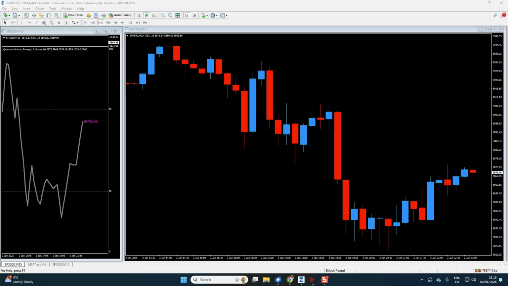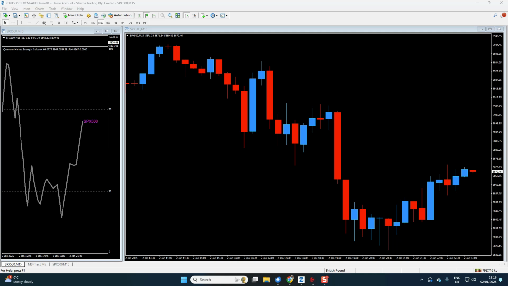I'm delighted to announce that the Market Strength Indicator, or MSI, is now available for both MT4 and MT5 customers. And if you watch the introductory video on the indicator, I drew many parallels with the CSI, the Currency Strength Indicator, which is a sister indicator, if you like, which we developed many years ago for traders in the Forex market, both in spot and also in terms of currency futures.